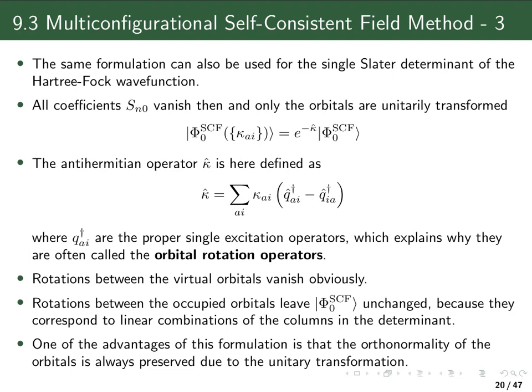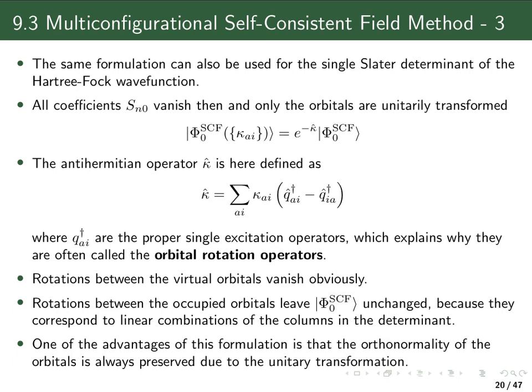By the way, this has to be unitary, which means it keeps the norm of the wave function. And that means that kappa itself has to be anti-Hermitian, which explains the minus sign here. So here we have again the orbital rotation operators.